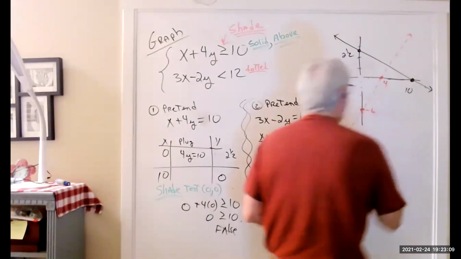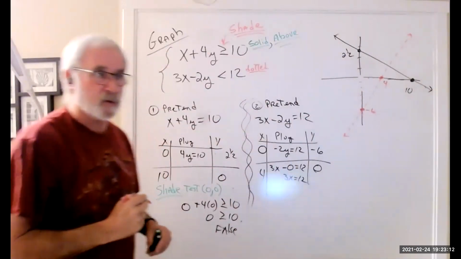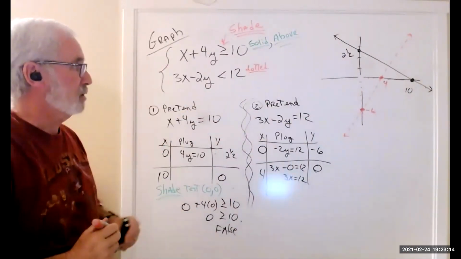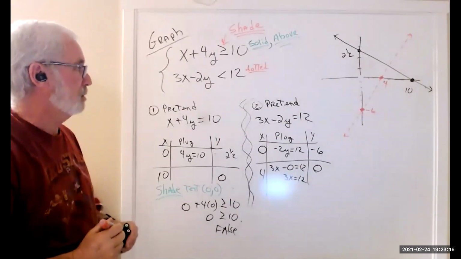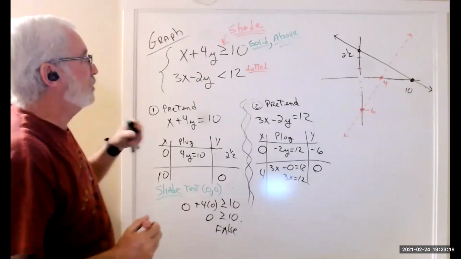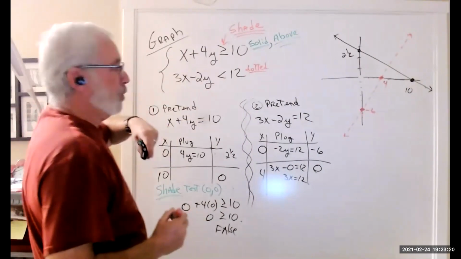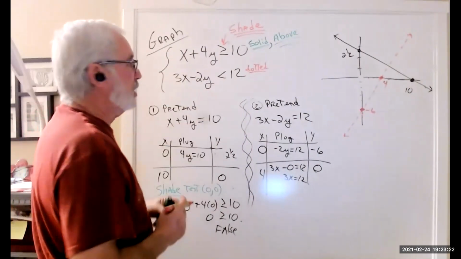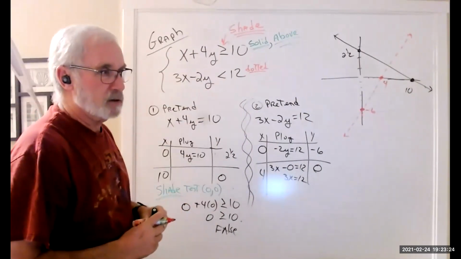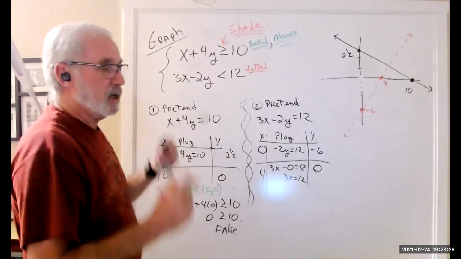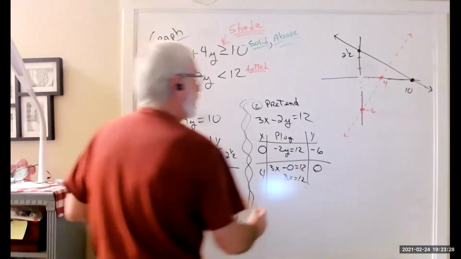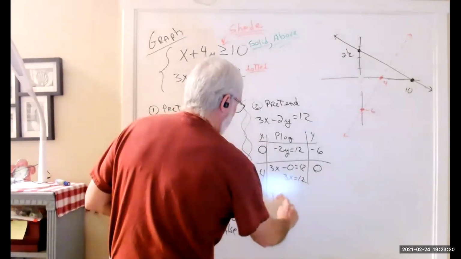Any questions about why it's dotted? Are you guys all okay with dotted versus solid? Okay. And now I want to figure out where to shade. Again, you can't use the shortcut. The test point is easier. So we're going to test again.